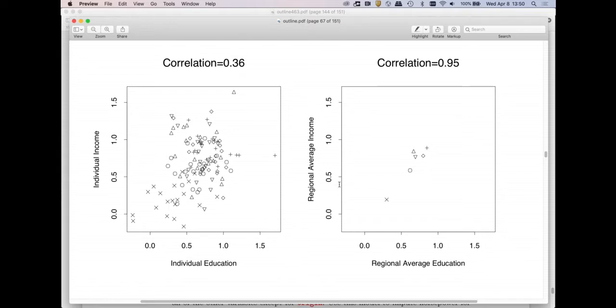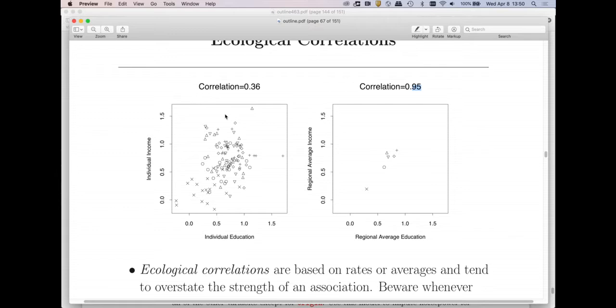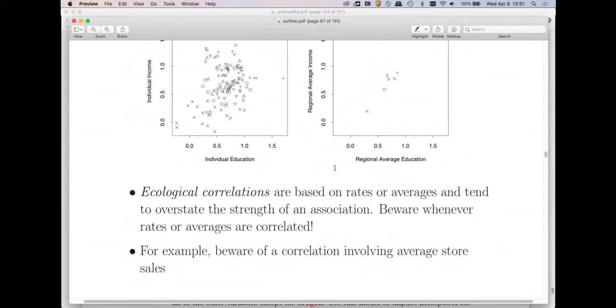You can think of that as noise. And the association between education and income appears to be much stronger. So the correlation here is 0.95, rather than if I had studied it at the individual level, because there's a lot of differences across individuals. Right, so again, the point is whenever you have correlations based on rates or averages, beware, because the correlation overstates the strength of the relationship.